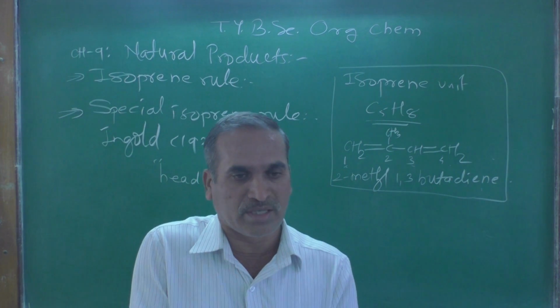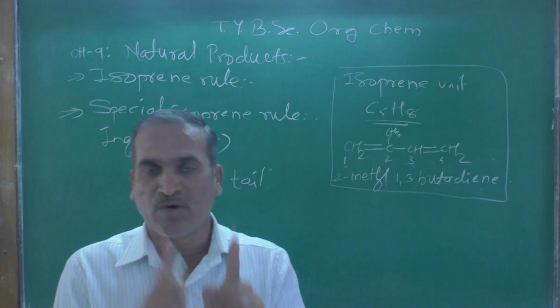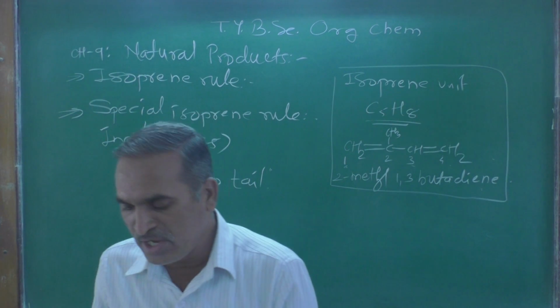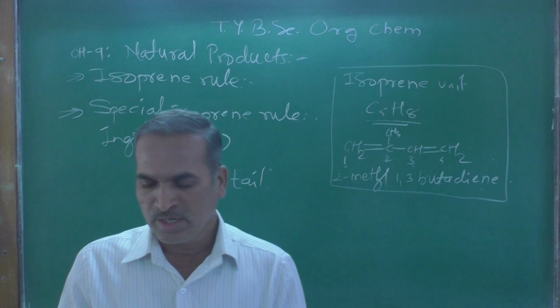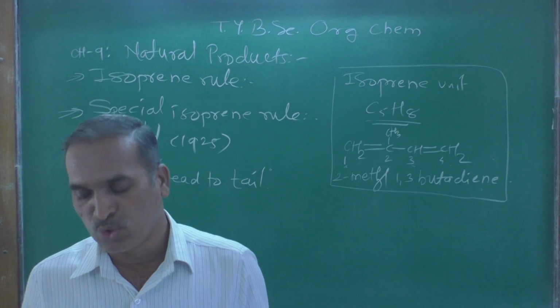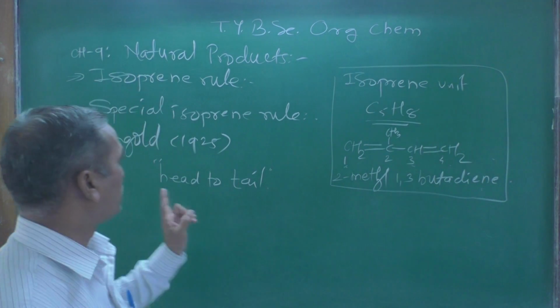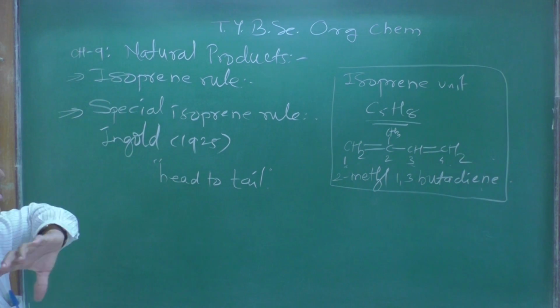Head being the branched end, the head of one unit is linked to the tail of the next unit, and this is known as the special isoprene rule. Understood this one?